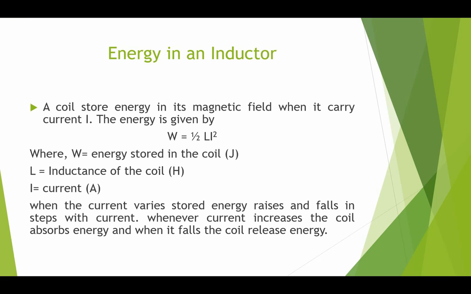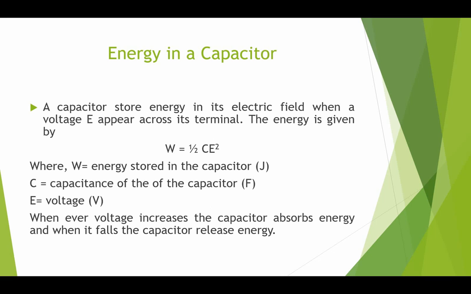Whenever current increases, the coil absorbs energy, and when it falls, the coil releases energy. Coils or inductors, we will study these in our machines, like the transformer winding, and the winding in a stator or rotor. So energy will be stored or released there. This is an important concept of the course.